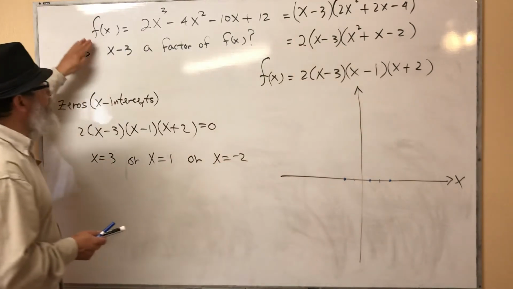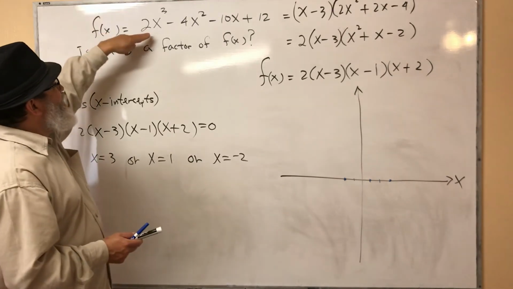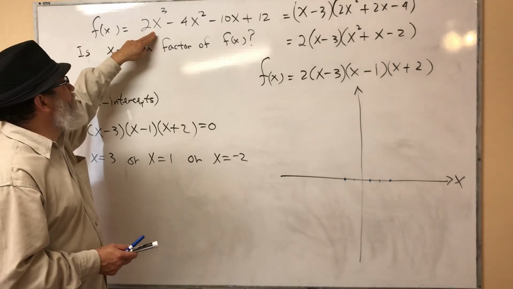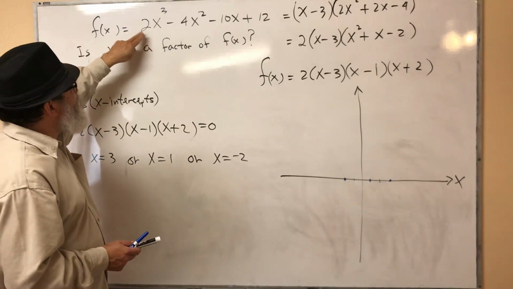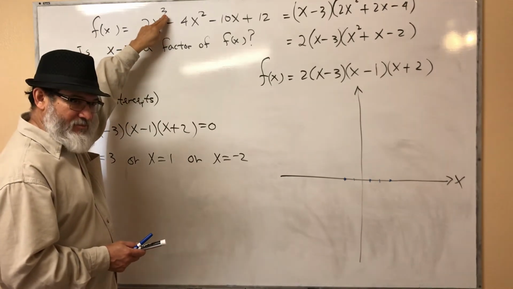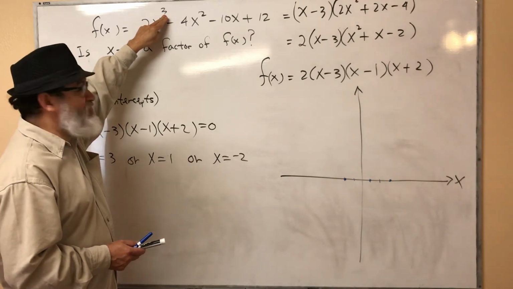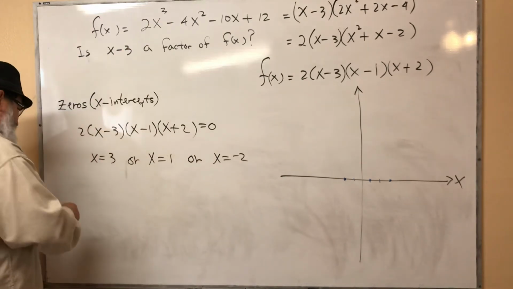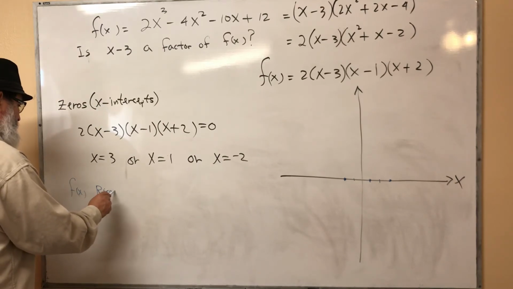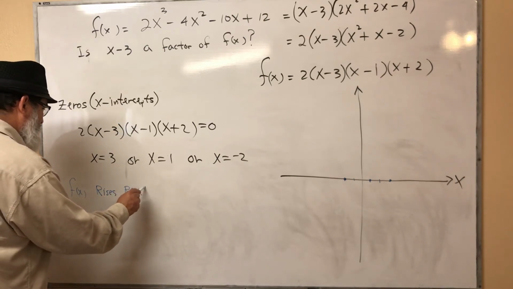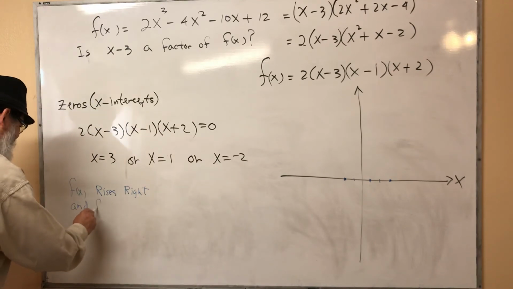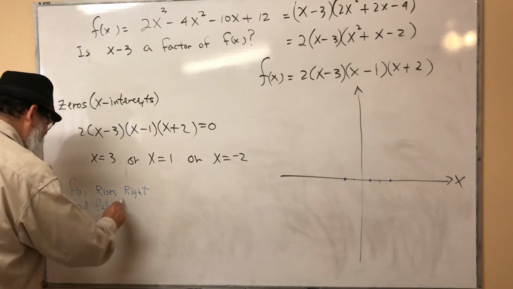You guys remember the behavior of this cubic function? Since the leading coefficient is positive and the degree is odd, this function rises to the right. F of x rises right and falls left.